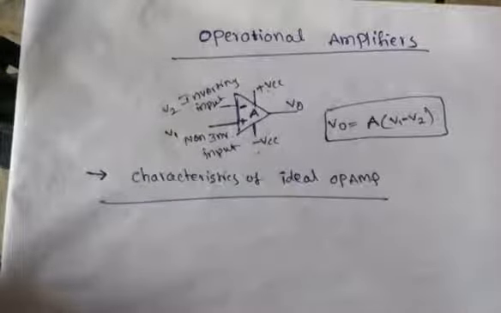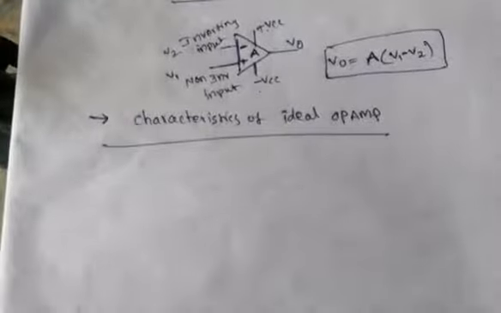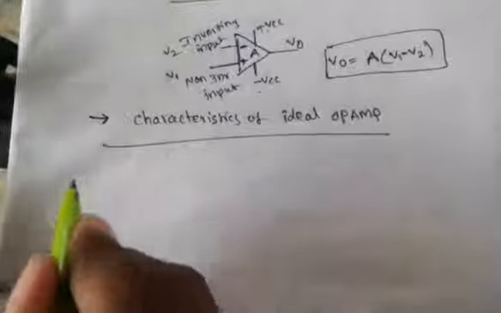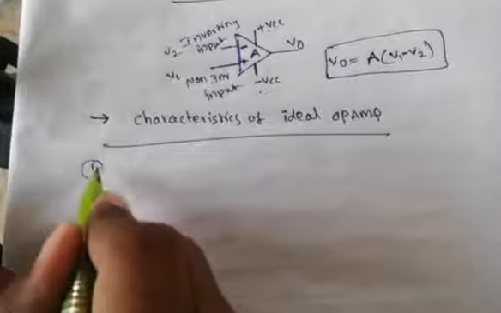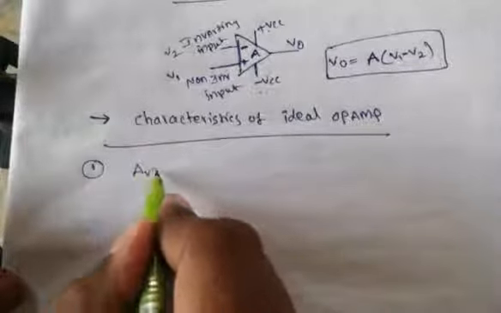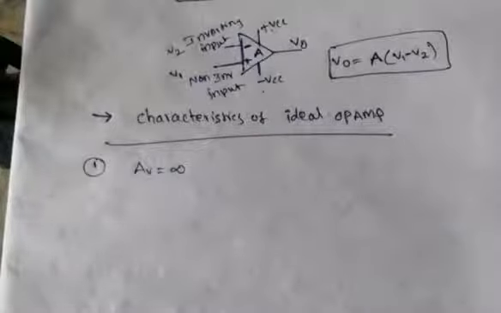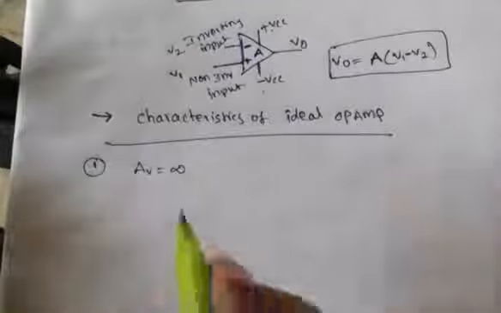Here there are majorly 6 points, and in every exam one question will appear from these 6 points. Coming to the first point, the voltage gain AV should be infinity.